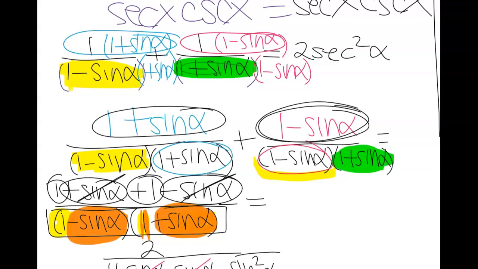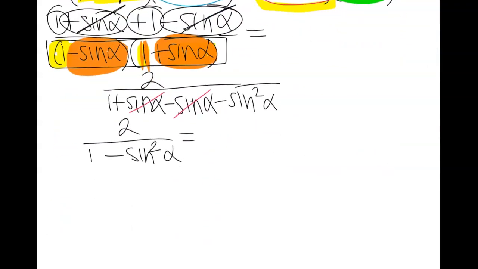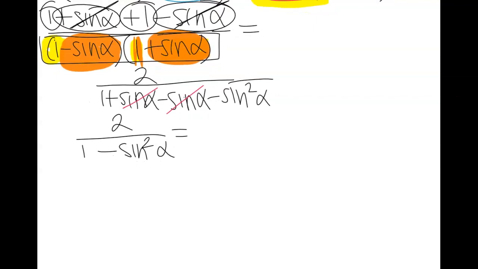If we are working with something in terms of sine square, we need to figure out a way to get to cosine square, because cosine square is the reciprocal of secant square. So how do we go from sine square to cosine square? Well, we could use the Pythagorean identity.